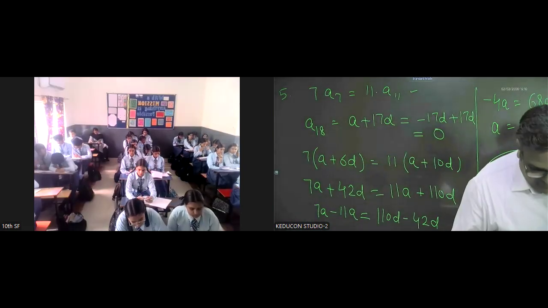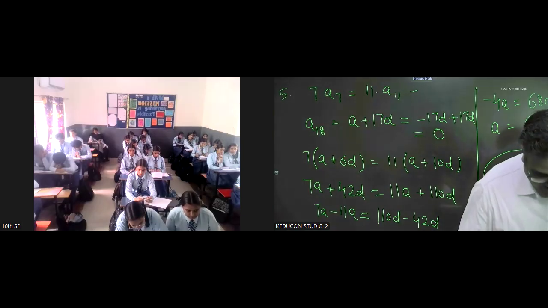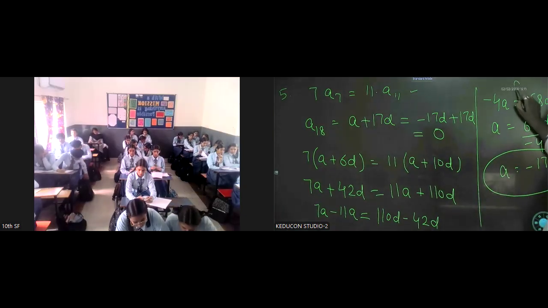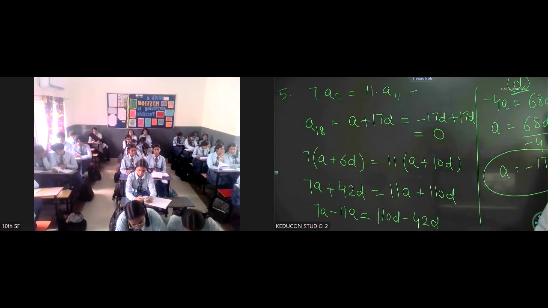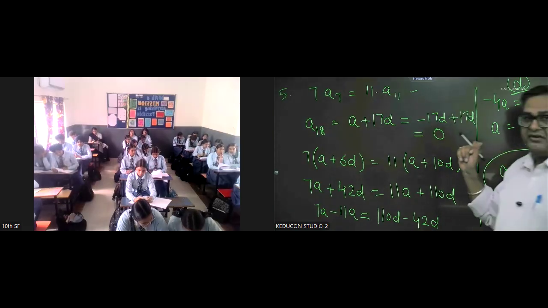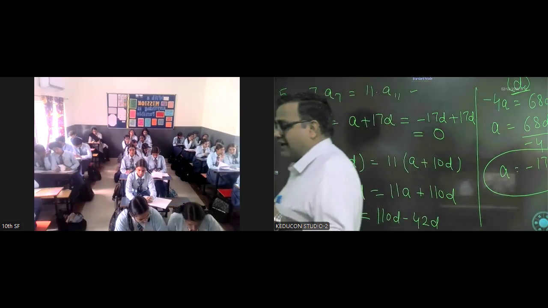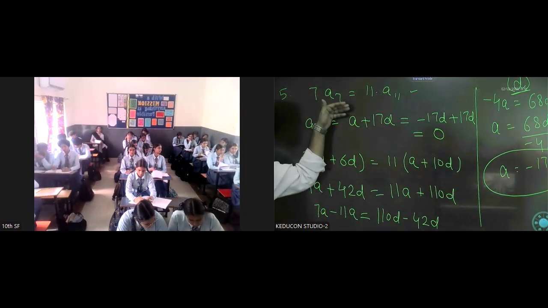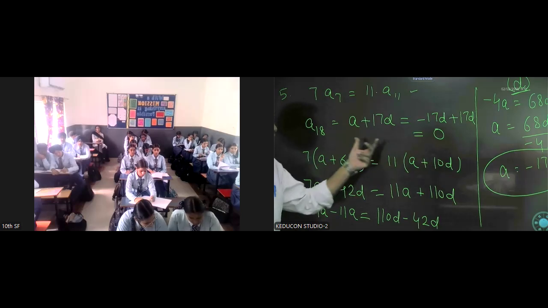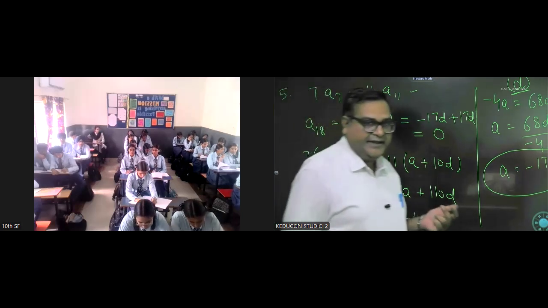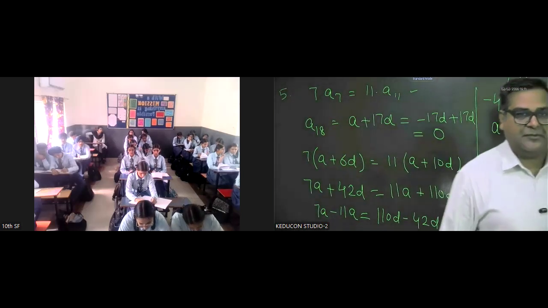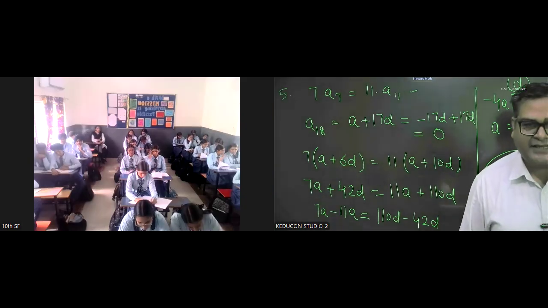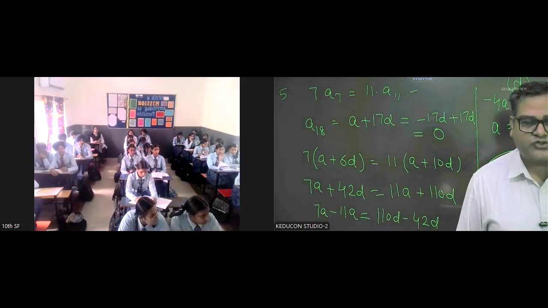So 0 is D option. D option, students. Right? From the given condition, you have to develop a relation between a and d, and then use that to find out a18, meaning the 18th term of the AP. Is this clear? Any doubt, students?